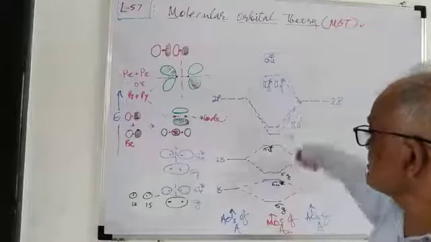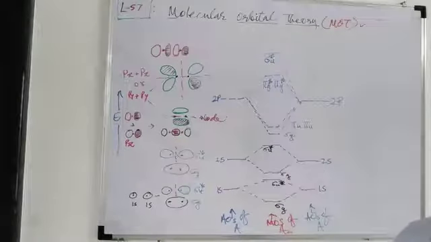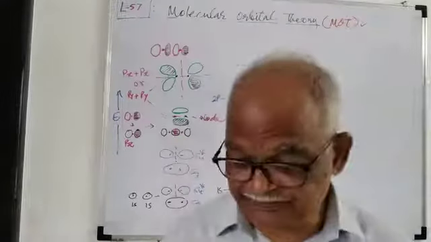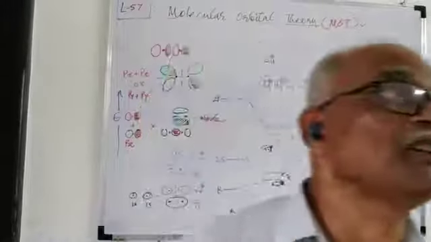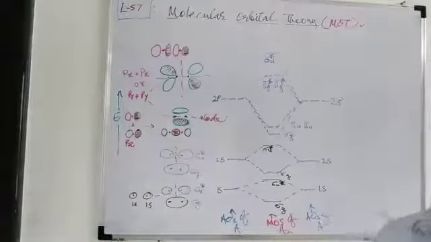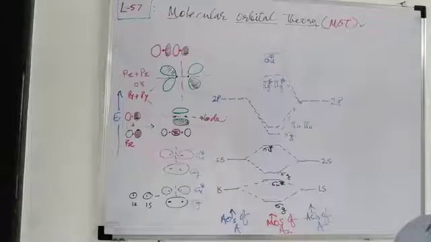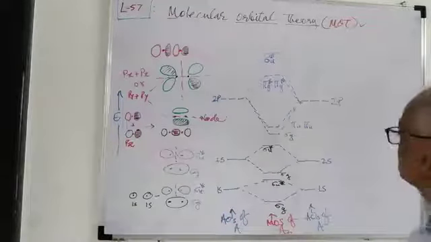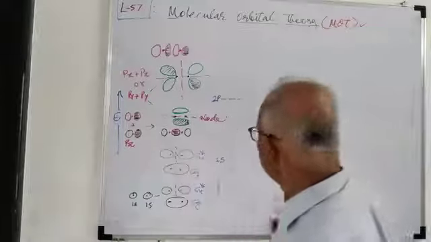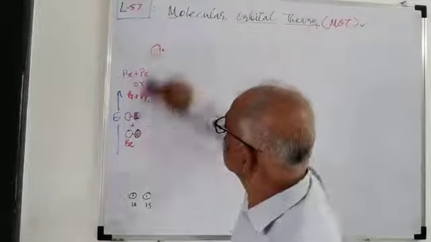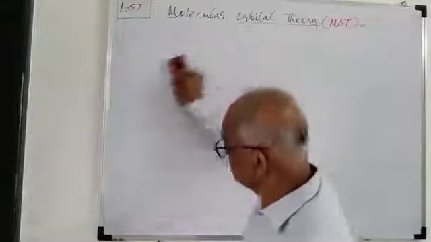This is the general structure of the energy level diagram or molecular orbital diagram. But the actual structure may vary depending upon the actual molecule. So that will be discussed when we will see that particular molecule. So we will stop our discussion here and we will see the next point in the next lecture.